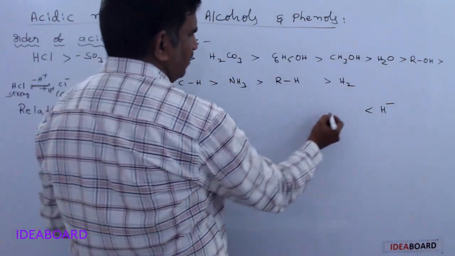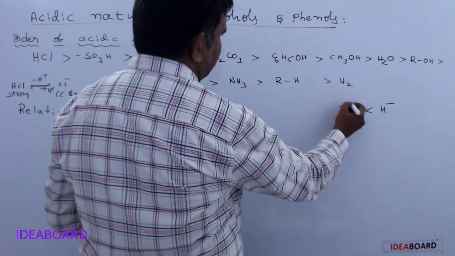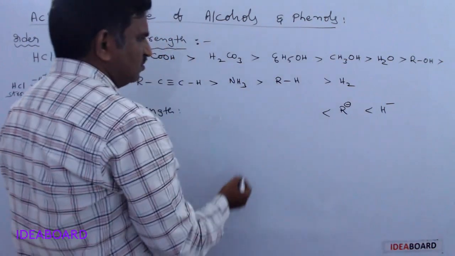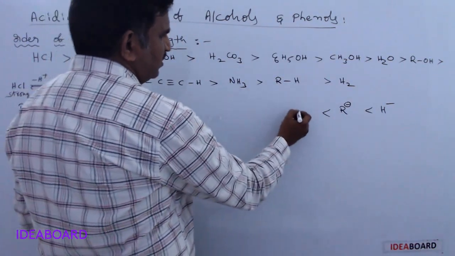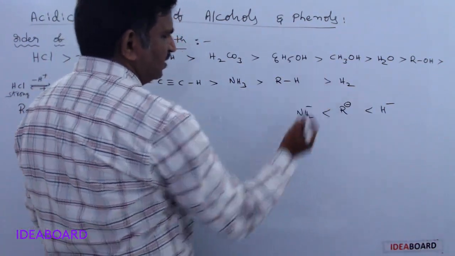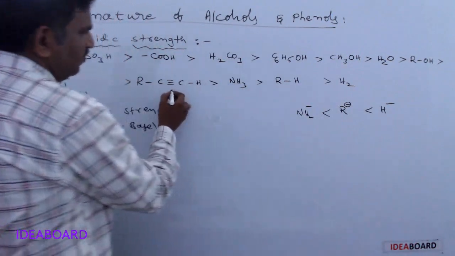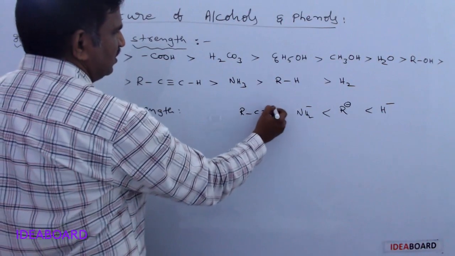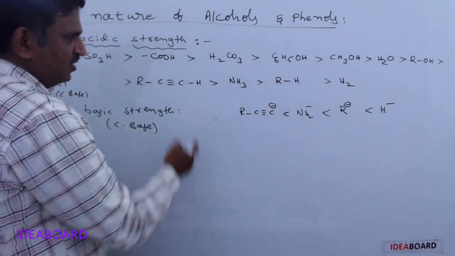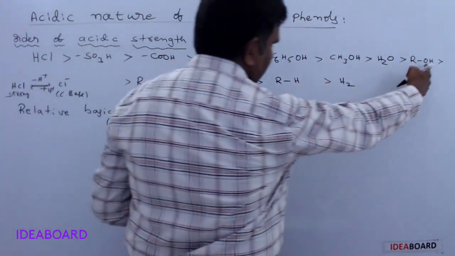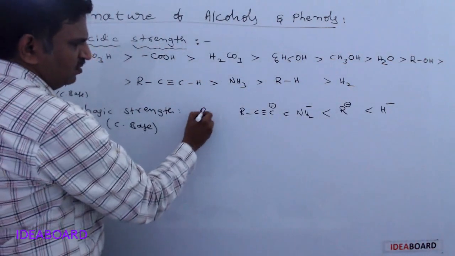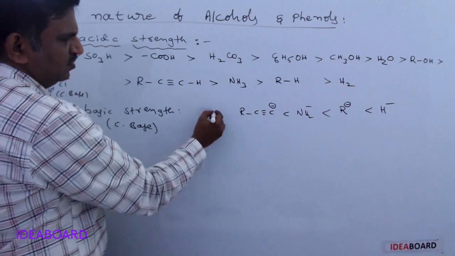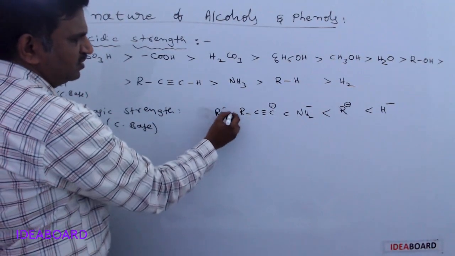After releasing a proton, it forms R minus, alkyl ion, carbanion, and after releasing a proton, it is forming NH2 minus. And after releasing a proton, alkynes give RC triple bond C minus. And after releasing a proton, alcohol is forming RO minus.